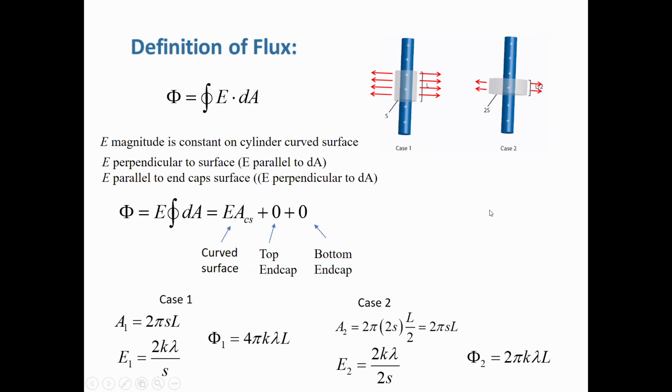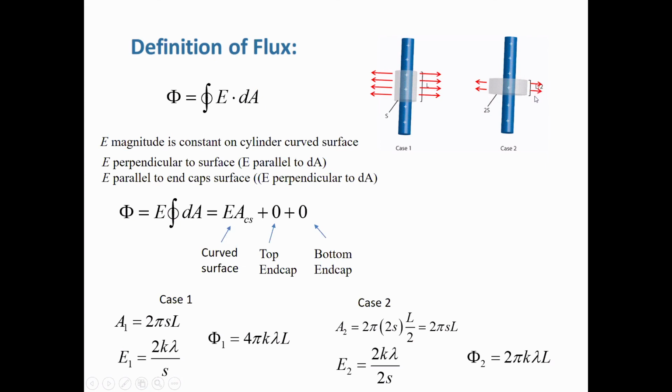You're okay? So when you're calculating flux, the radius wouldn't matter whatsoever since it cancels itself out. Well, yeah, the radius doubles, but look, the vertical length of the Gaussian surface is half. So it exactly compensates for the circumference.